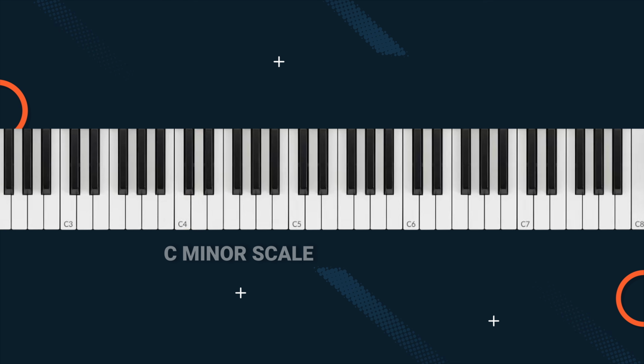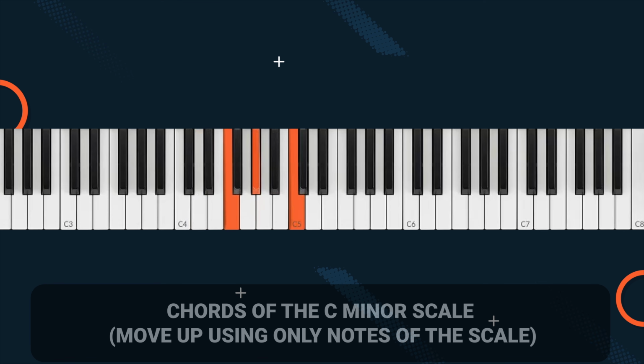The same thing with C minor. First, third, and 5th note of the scale. And then we have these chords.